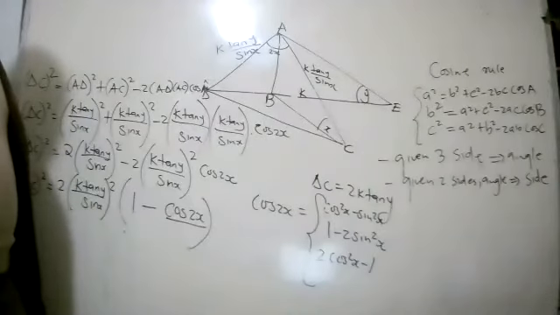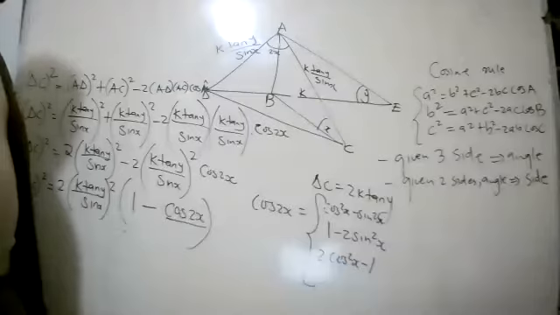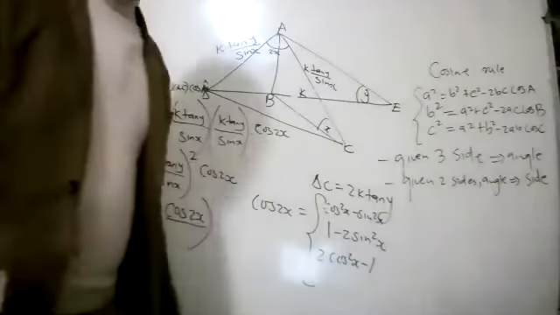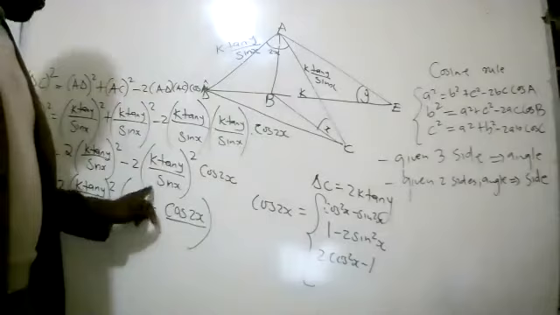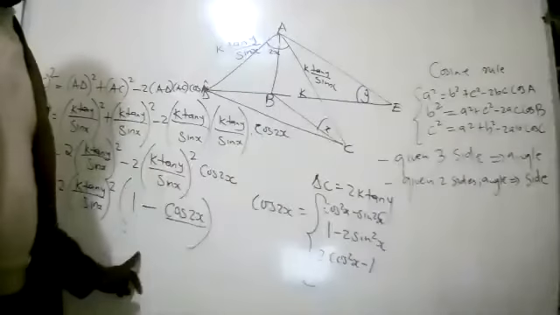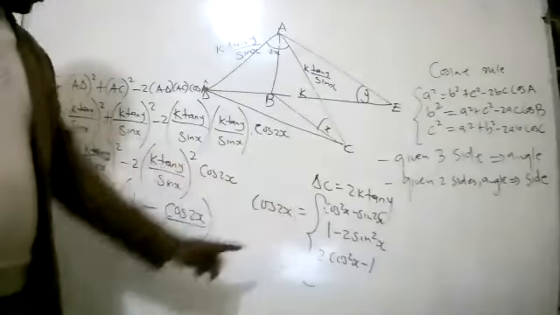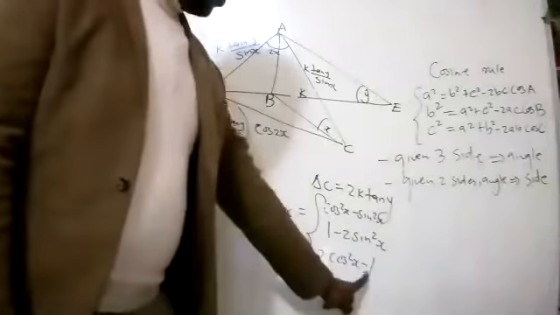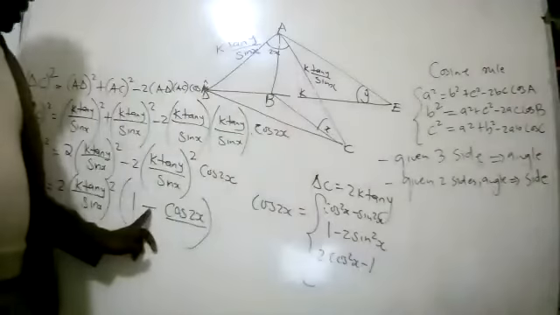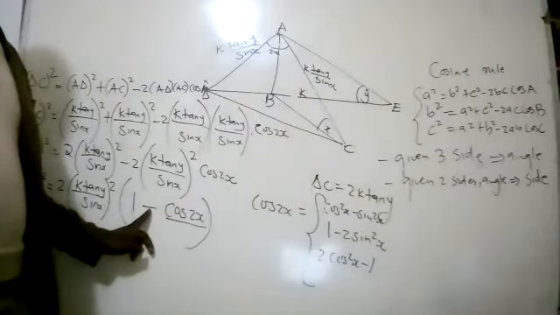Won't it be 2 cos squared x minus 1? Yes, that can be a good suggestion. If we were having a positive there, that was going to be the one we're supposed to use, because it was going to be 1 minus 1. But now the problem is this negative here. So we use the one of sine then.